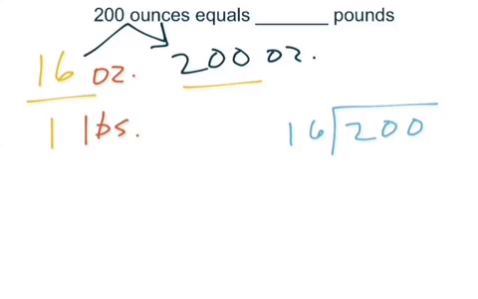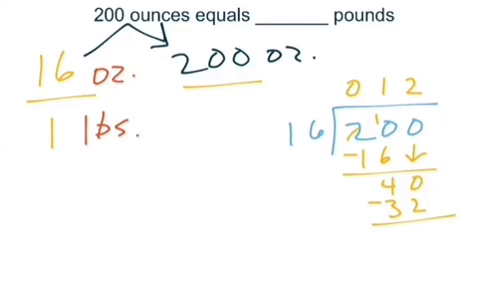So let's do the division. 16 does not go into 2. It goes into 20 one time. So 16 times 1 is 16. When you subtract, you get 4. And you're going to bring down the 0 and get 40. So 16 then goes into 40 twice. 16 times 2 is 32.